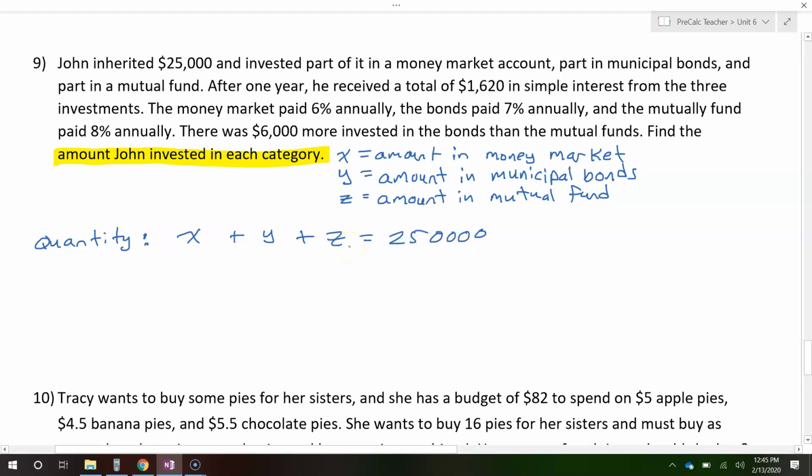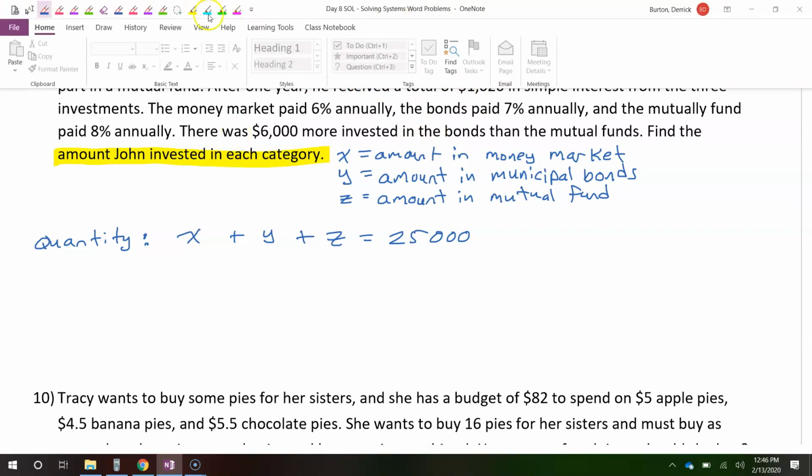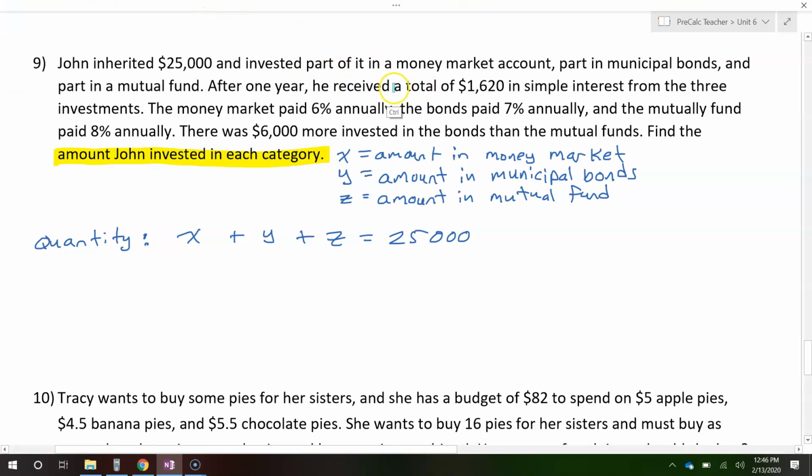I see that he received a total of $1,620 in interest.